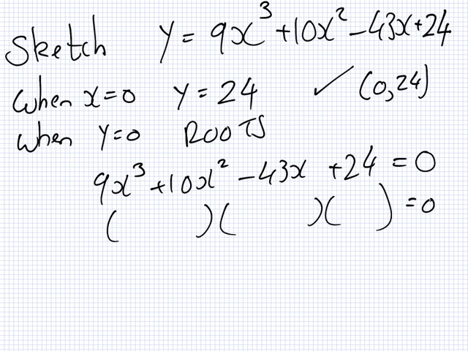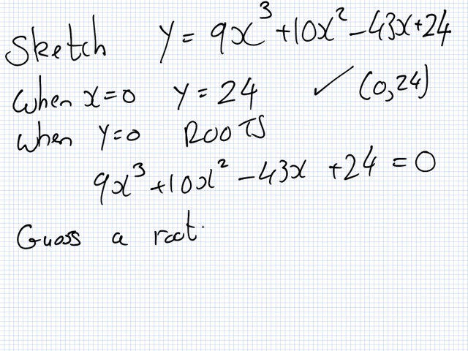And I don't give you one of the factors here, so sadly the only way to continue is you need to first guess a root, and then once you find it, this gives you a factor.